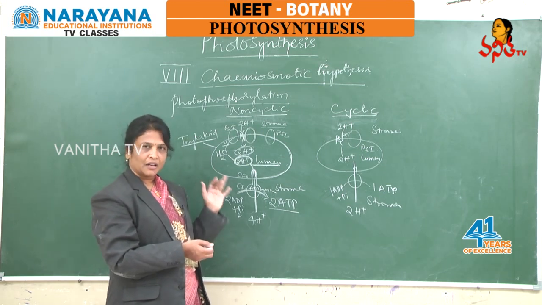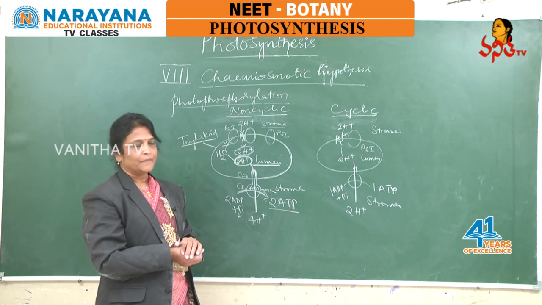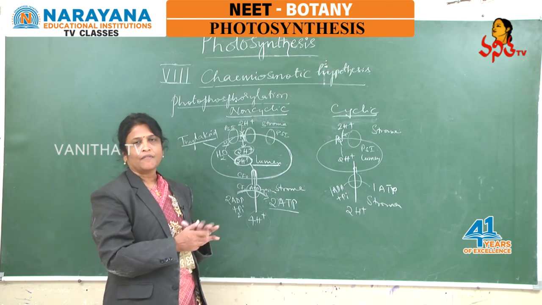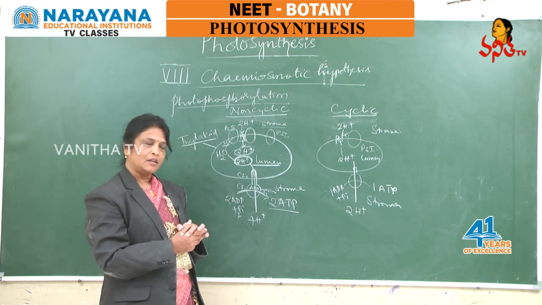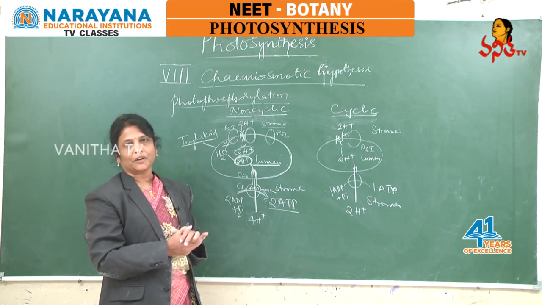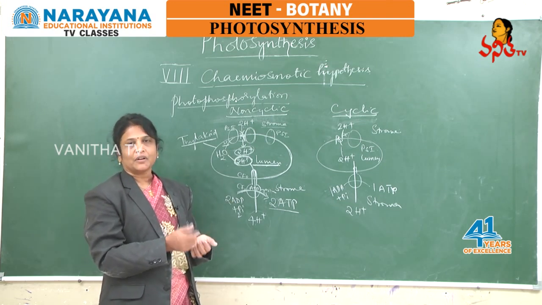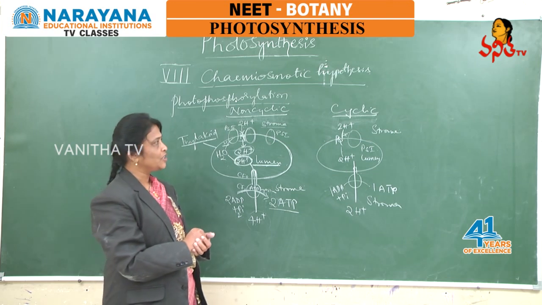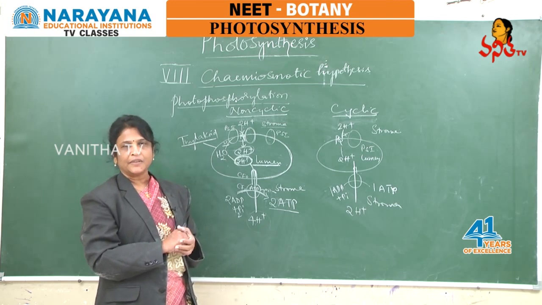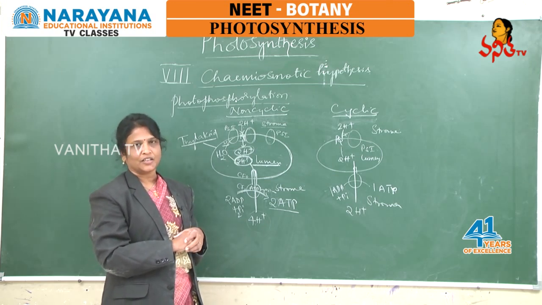Okay, students, with this we have completed the major part of the light phase mechanism: the important event of electron transport and the two types of electron transport, how electron transport causes proton translocation, and how that proton translocation, based on Peter Mitchell's theory, helps in ATP synthesis, that is photophosphorylation.